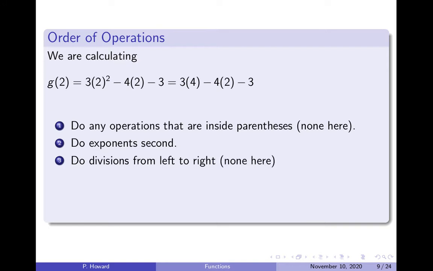There are no divisions in this expression. And then you do the multiplications from left to right. Here we have 2 multiplications. There's 3 times 4, and there's 4 times 2. So I do the 3 times 4 first, and then the 4 times 2. The result will be 12 minus 8 minus 3.